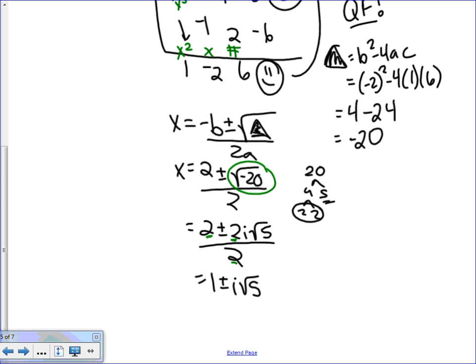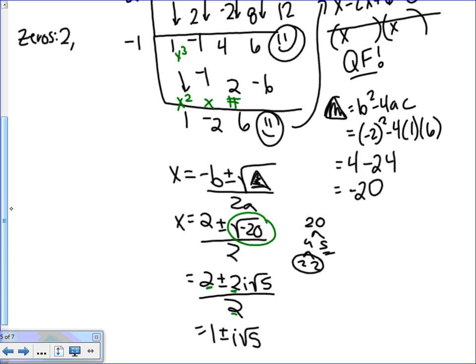Now, if our goal was only to find the x-intercepts, I wouldn't even keep going, right? Once I figured out it was going to be imaginary at negative 20, I would stop. But since our goal was to find all the zeros, I kept going and kept solving. So I can write out in my list of zeros 1 plus or minus i square root of 5.